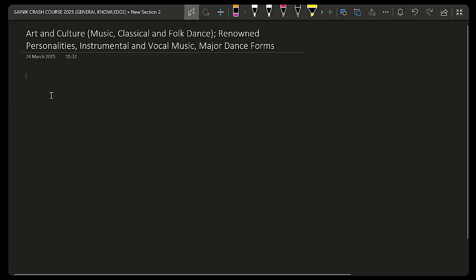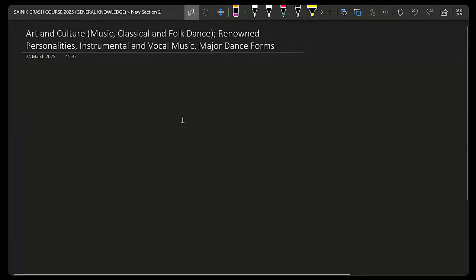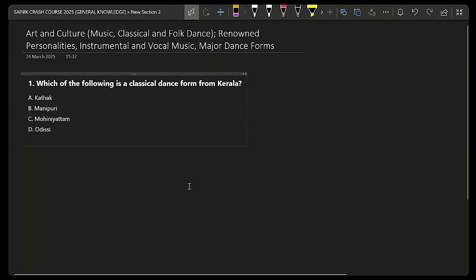Which of the following is a classical dance form from Kerala? Option A, Kathak. Option B, Manipuri. Option C, Mohiniyattam. Option D, Odissi. So all of you participate in the quiz.